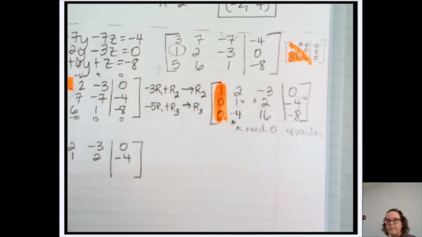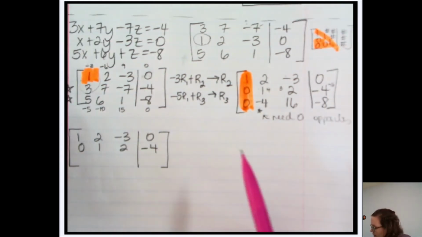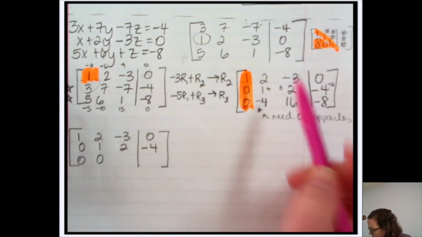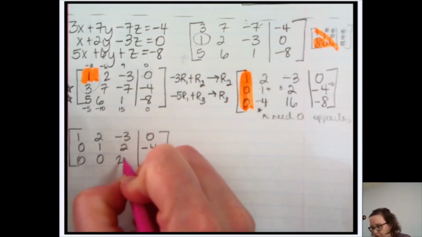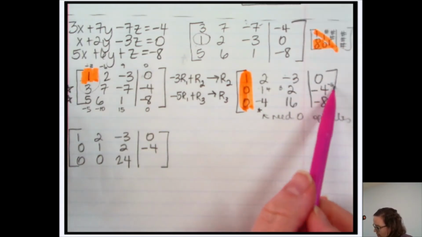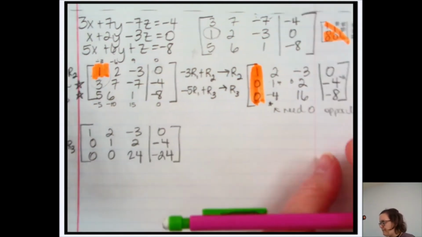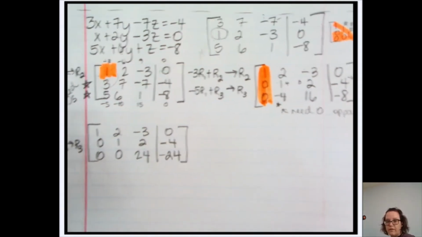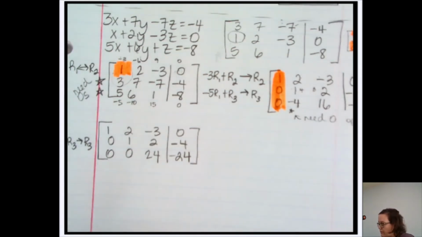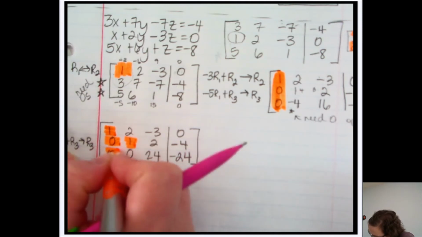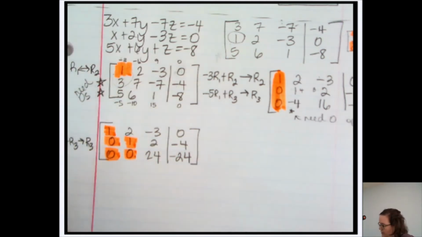Okay, so I keep forgetting to do that. So now let's put 4 minus 4 is 0, and then 8 and 16 make 24, okay. And then negative 16 and negative 8 make negative 24. Okay. So right now I have 2 1s here. I have 2 zeros. Okay.